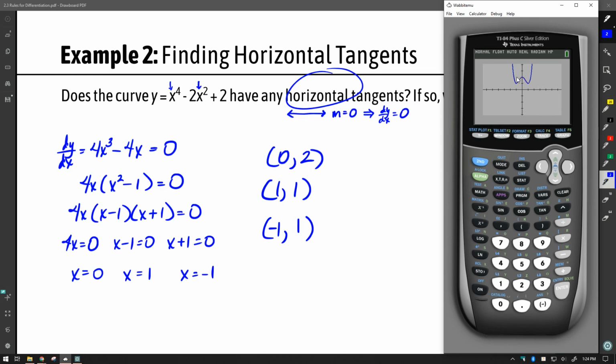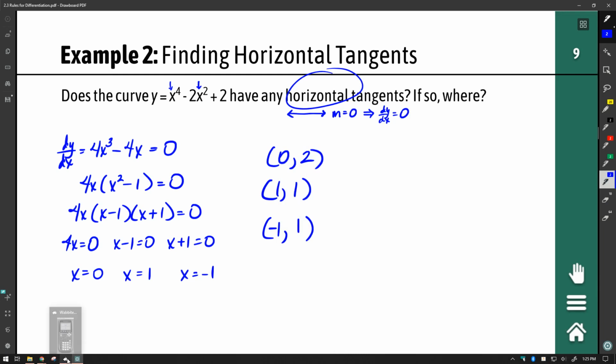Here's 0, 2. I can see a horizontal tangent. Here's negative 1, 1. Yep, that looks like a horizontal tangent, and 1, 1 as well. And do note for a later lesson, those seem to be places where the graph changes direction. This is a minimum, that's a maximum, this is a minimum. So we're in good shape there, and we can pause for now and join me back in the next video.